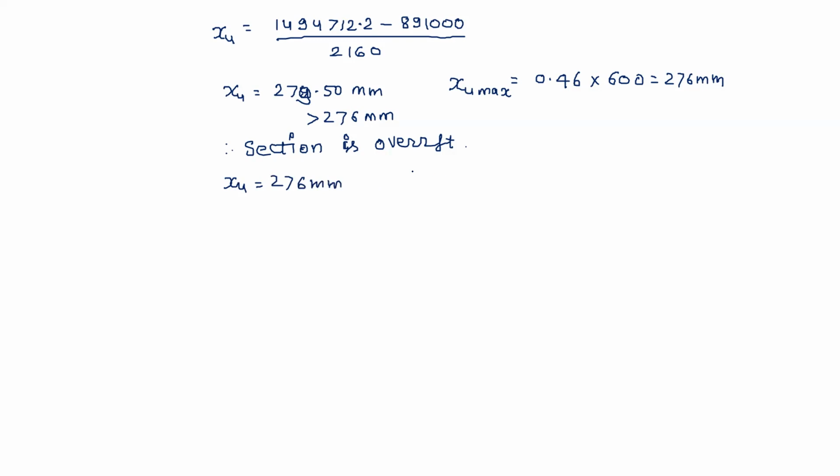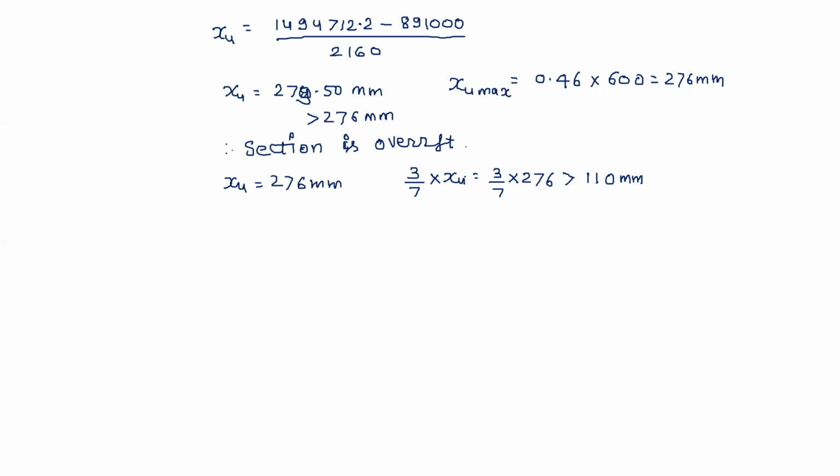Now we have to find 3/7 of xu, that is 3/7 of 276. This value is greater than 110 millimeters, so we can take Df as 110 millimeters.